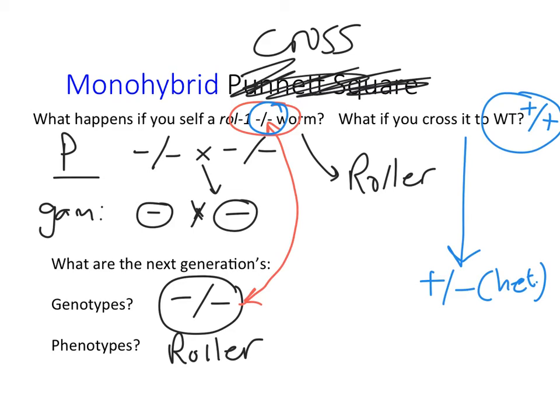What phenotype is that? If you've got one normal version of the gene and one mutant version, if you remember the previous slide, we already had the answer from our discussion about dominance. If you've got one mutant version of the roller gene and one wild type version, those F1s do not corkscrew. They don't roll.